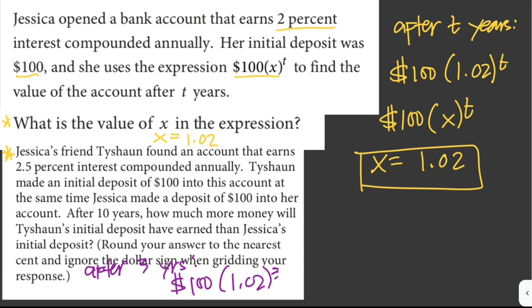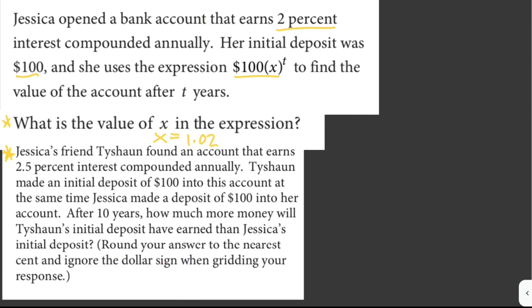Jessica's interest is 2% compounded annually, so after 10 years, the value of her initial deposit has been multiplied 10 times by the factor 1.02.